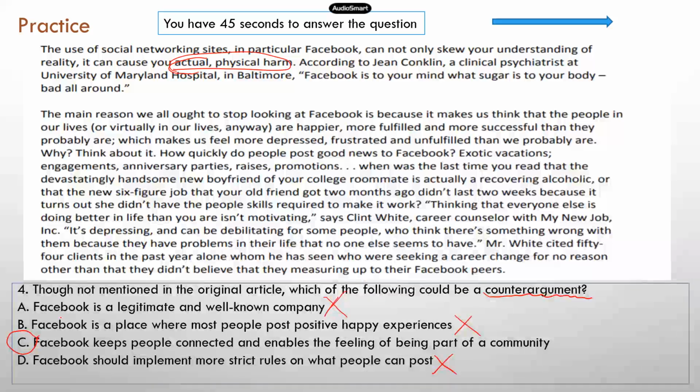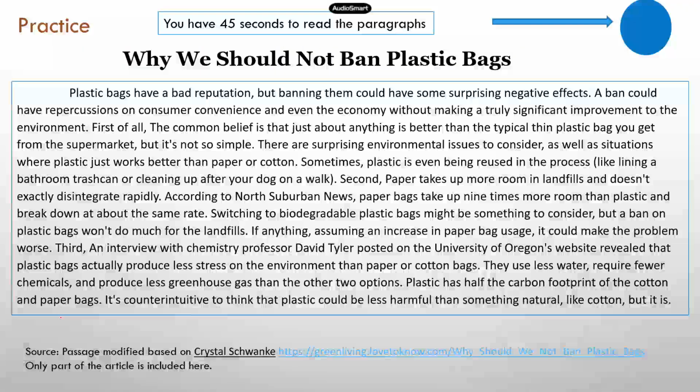All right, now let's move on to the second practice passage. So again, you have 45 seconds to read the passage.